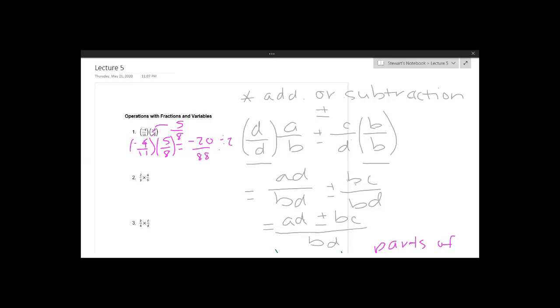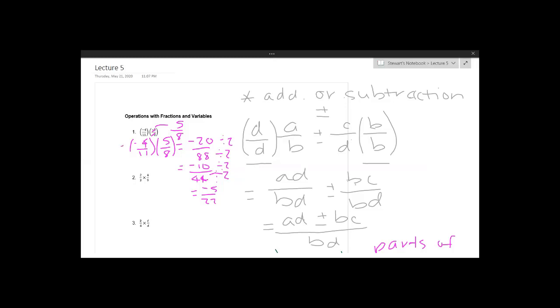So we'll divide them both by 2 to get -10/44. But you can still simplify that. You can still see they're both even numbers. They're both divisible by 2 again. So this would then give you -5/22, and that's simplified.